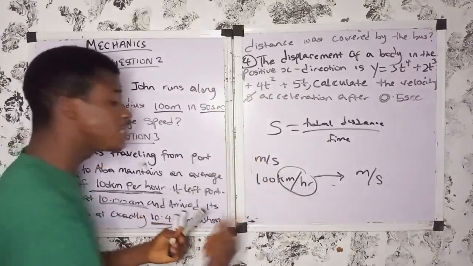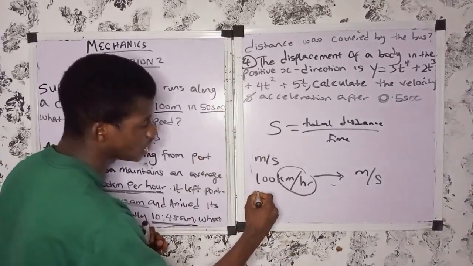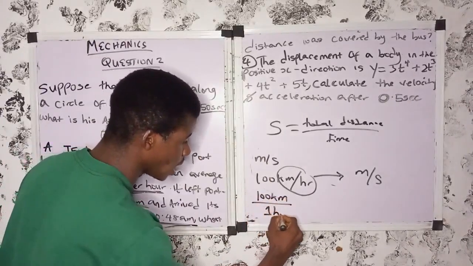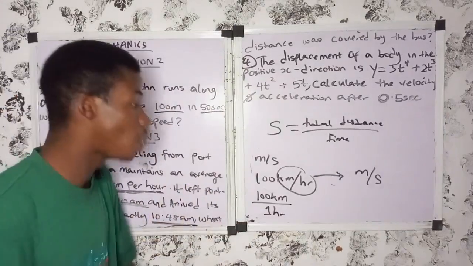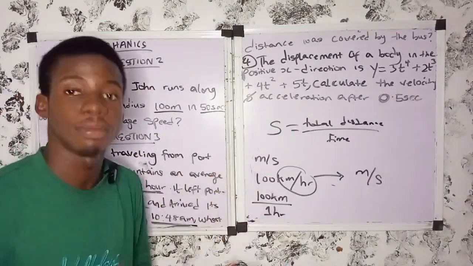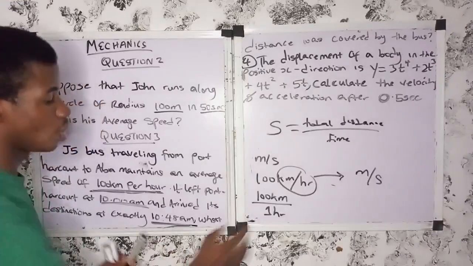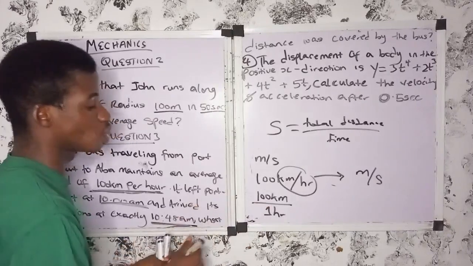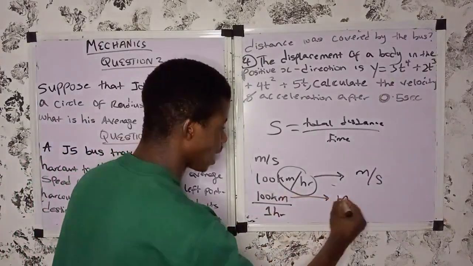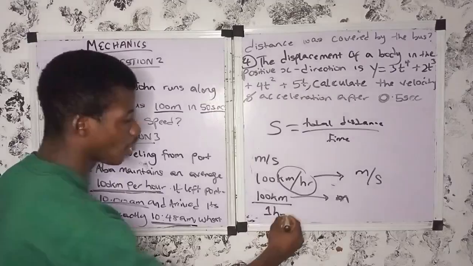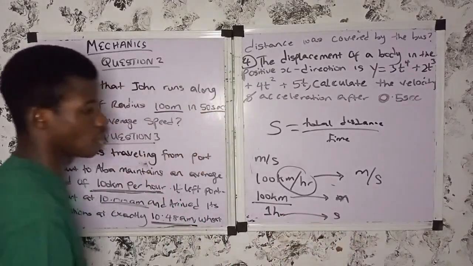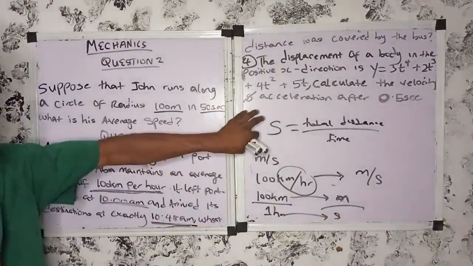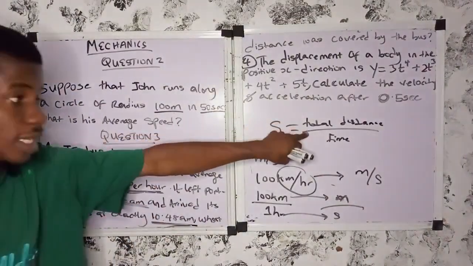Now, 100 kilometer per hour is still the same thing as 100 kilometer divided by 1 hour. So we have to convert from 100 kilometer to meter, then from hour to seconds. Once we get the two values, we divide, and we get our final answer as the velocity. We are looking for a distance, okay?